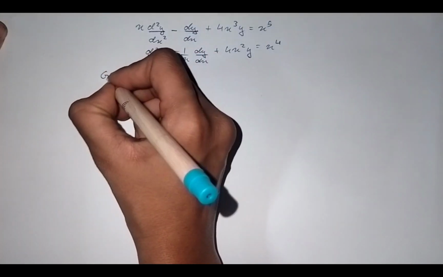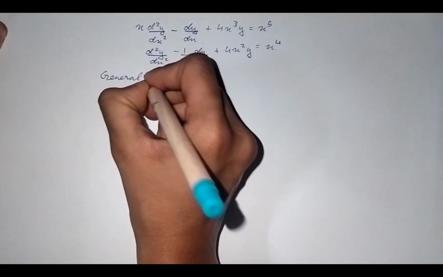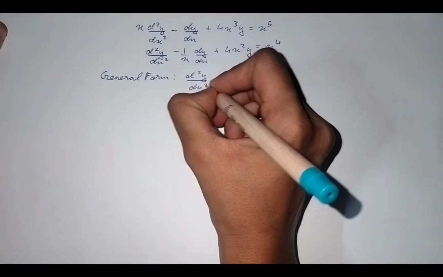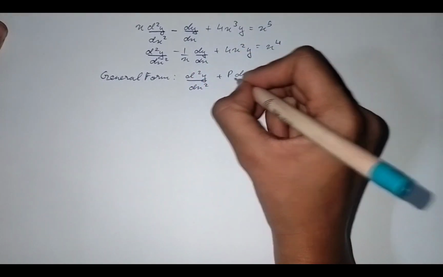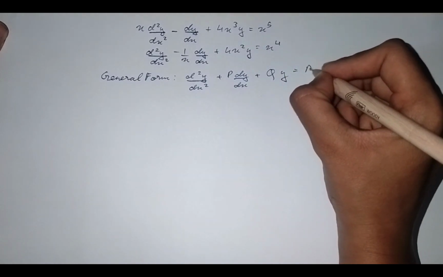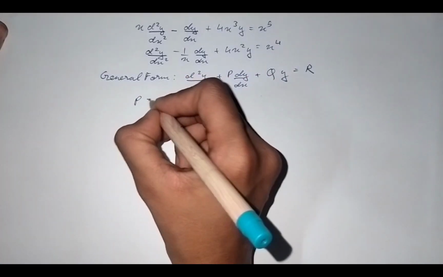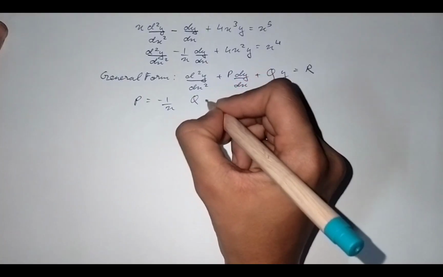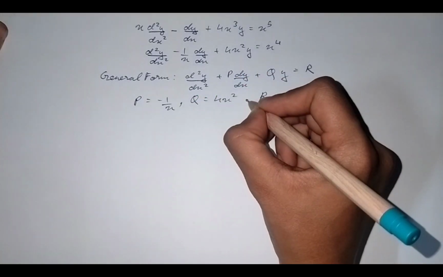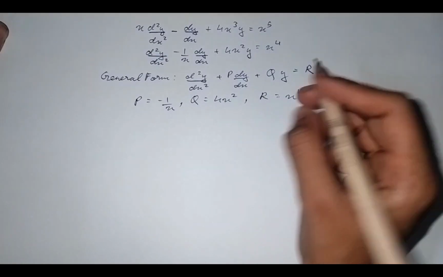Now, we know that the general form of a second order differential equation is d square y by dx square plus p dy by dx plus qy is equal to r. From here we get p is equal to minus 1 by x, q is equal to 4x square and r is equal to x to the power of 4.